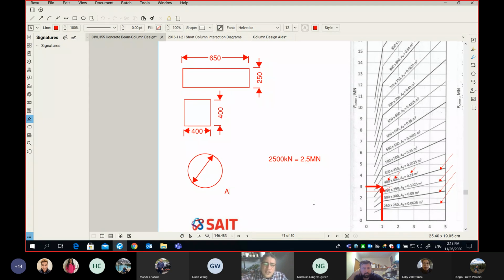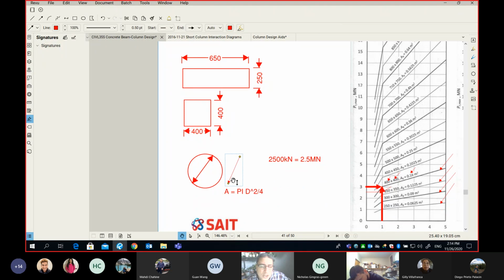The area of a circle is equal to pi multiplied by D squared divided by 4. This is the area of a circle based on the diameter. So from this, we know this is equal to 0.16 meters squared.